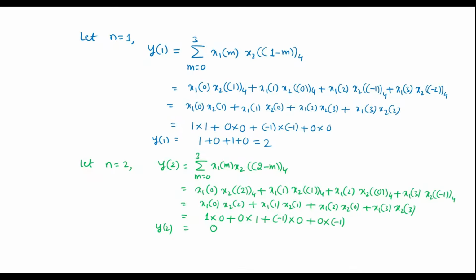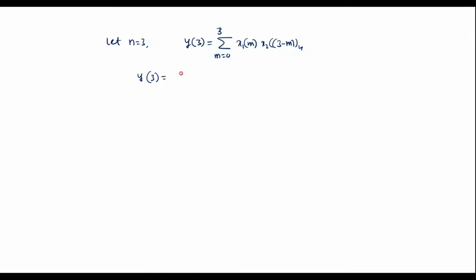Now let me consider the last sample, that is n equal to 3. So let n equal to 3. I can write y of 3 is equal to summation m equal to 0 to 3 x1 of m, x2 of 3 minus m. Let me simplify this.